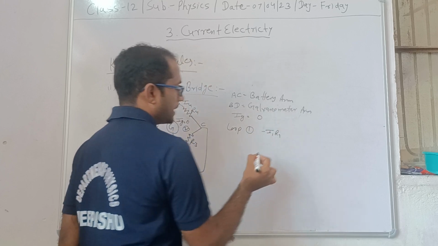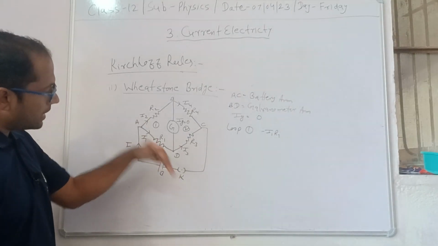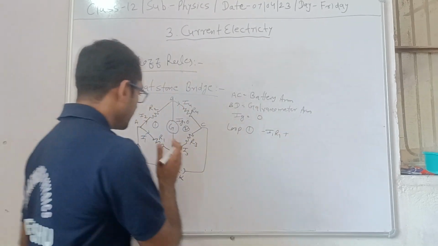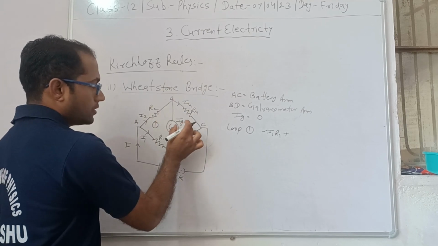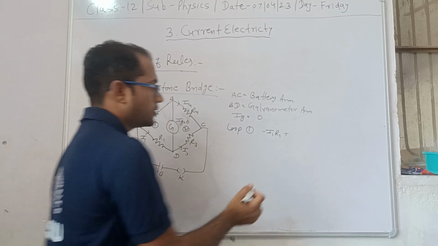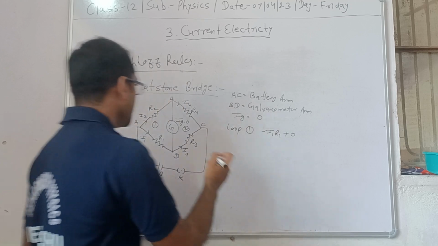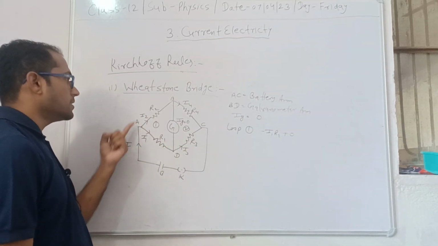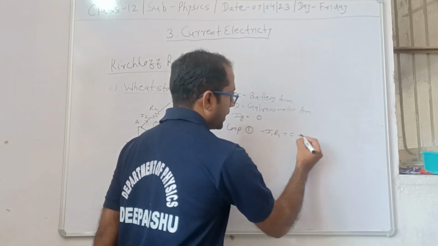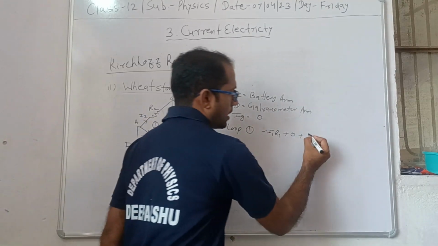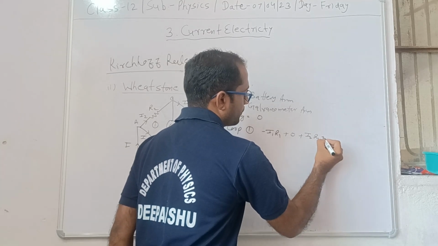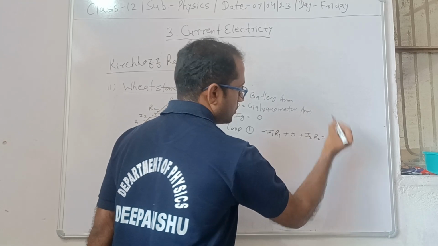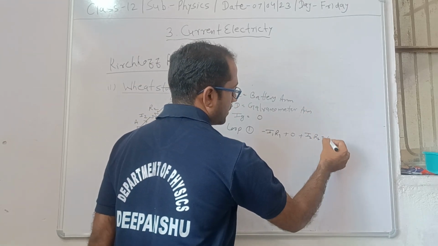We take a minus sign because our direction and the current direction are the same. Plus D to B, we know that IG is 0, so the potential difference is also 0. Then B to A, our direction is B to A, but the current direction is A to B, so we use a positive sign, and the voltage is I2 R2. According to the loop rule the total potential is 0. So we solve it.